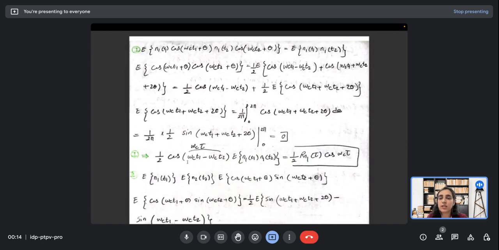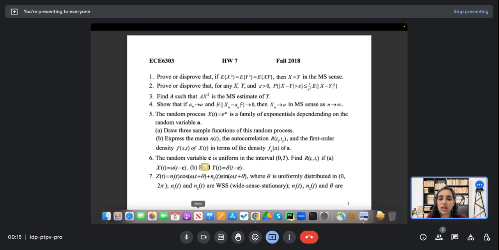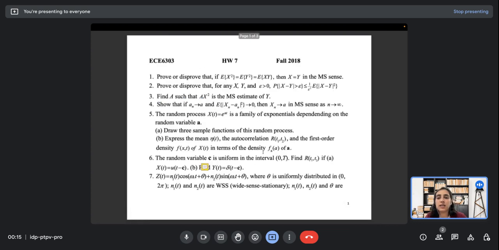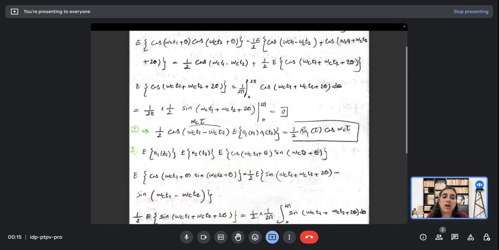In the first part, we should calculate the expected value of n1 of t1 times cosine, and n1 of t2 times cosine. Because we know that n1 is independent of theta, we can separate them. And because we know that n1 and n2 are WSS, we can write the first factor as r of n1 of tau.